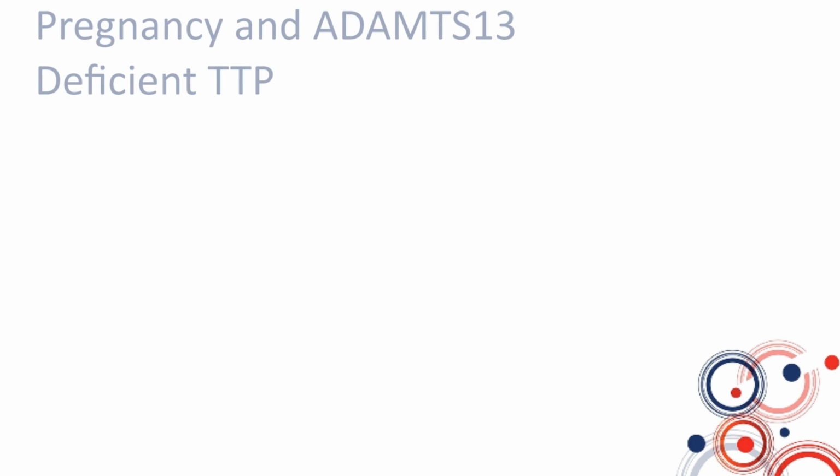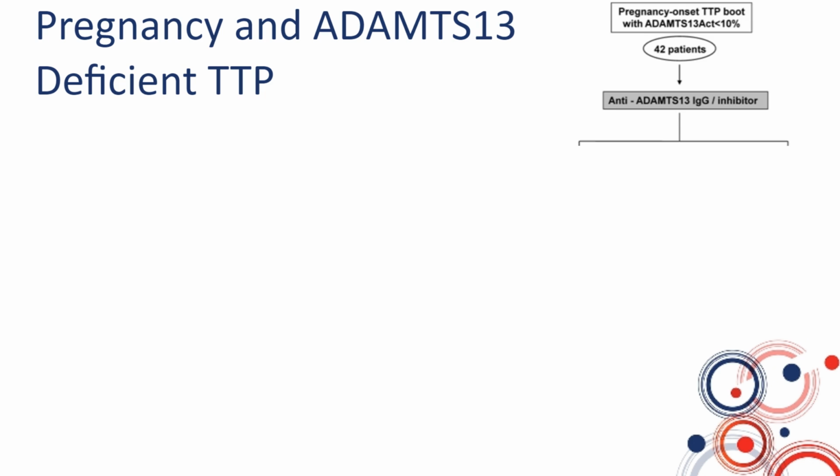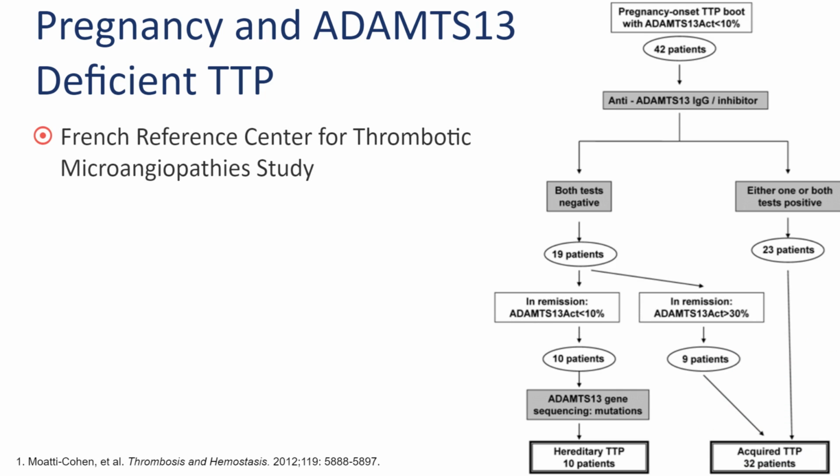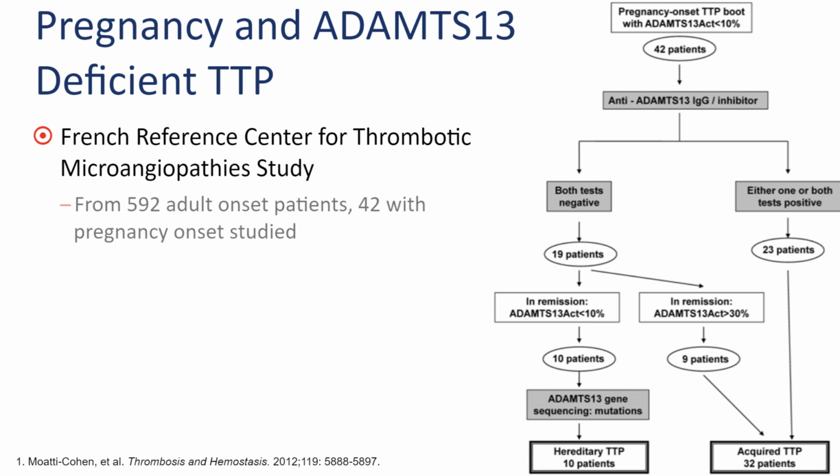In congenital TTP, we can certainly loosely talk about pregnant women as a good example of this second hit. And these are data from the French TMA group and Paul Coppo, who looked at 592 adult onset patients, but with 42 with a pregnancy onset as their first presentation.